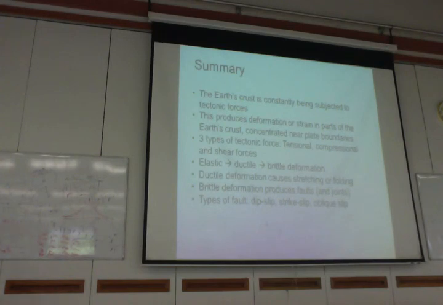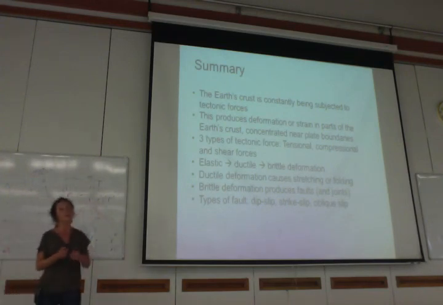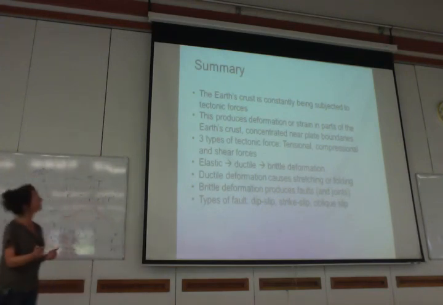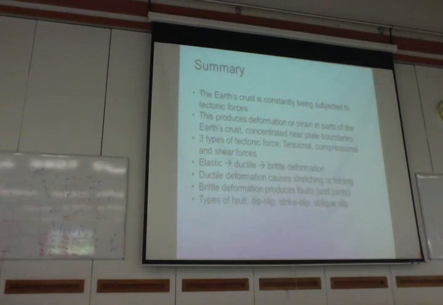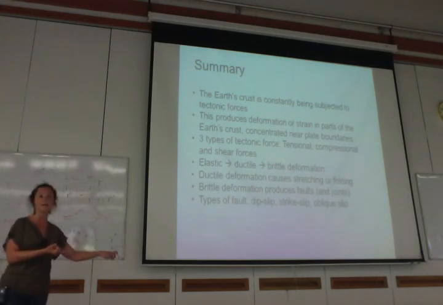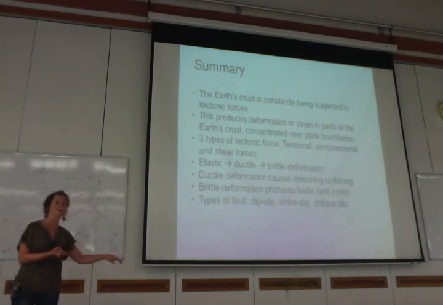So just to summarize what we've learned today, tomorrow I'll be talking about folding. So the Earth's crust is constantly being subjected to stress because of tectonic forces. We can divide these into tensional stresses, compressional stresses, or shear stresses. Types of deformation that are relevant to geology, really we can forget about elastic because we can't see evidence of that in the Earth's crust.